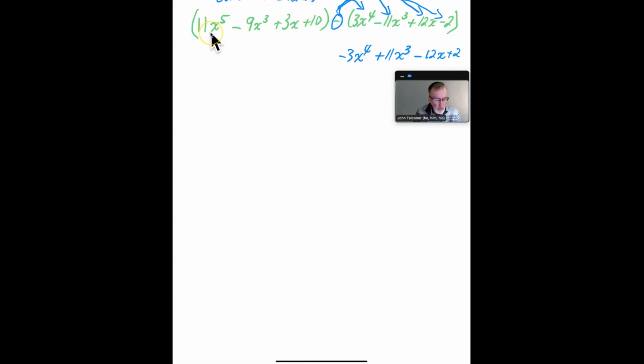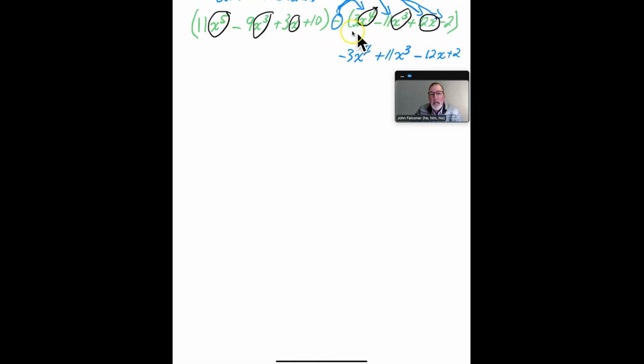So each of these units, we've got x to the 5th here, x to the 3rd, a regular x term, and then a number. And over here we've got x to the 4th, x to the 3rd, an x term, and a number. So some of these can be combined and some cannot, right? We're going to be combining with these down here.